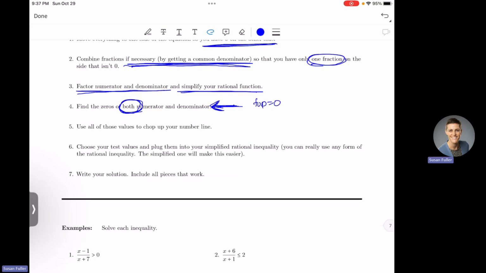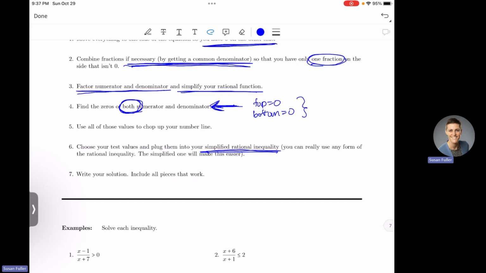So you set the top equal to 0, you set the bottom equal to 0, and then you take the solutions from both of those equations and put them on your number line. And then you chop your number line up at each of those values, test values in each of your pieces, and to test them, you can plug them into your simplified rational inequality.